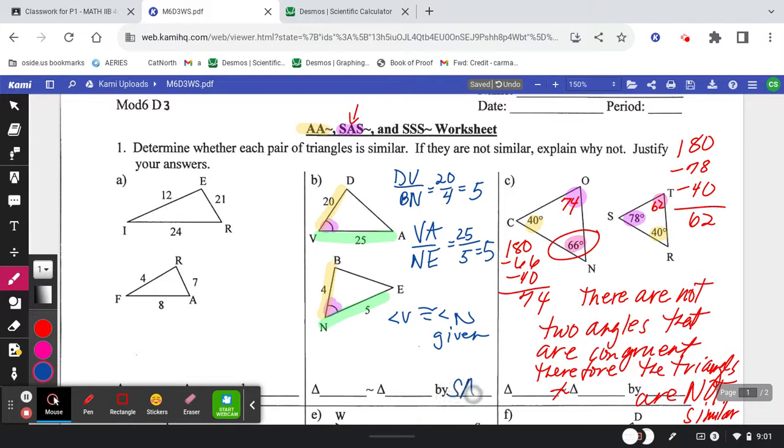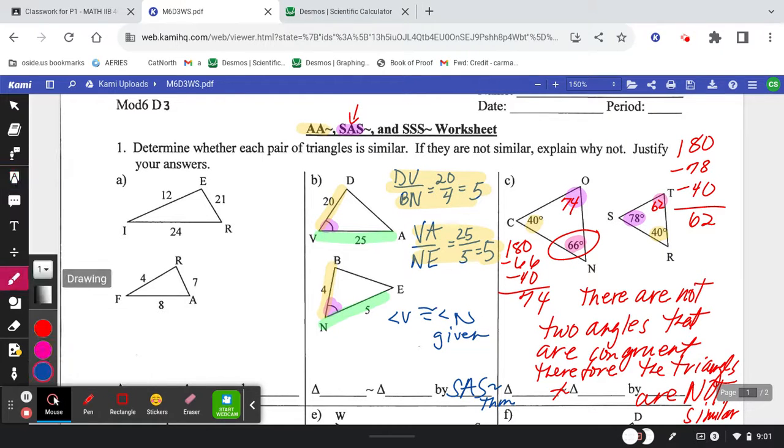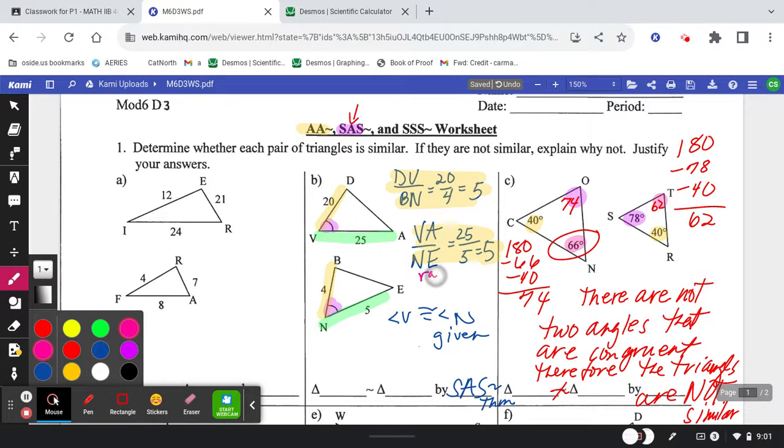So I do have similarity by the SAS similarity theorem because I have a side and another side that have ratios that are equal. So we're going to write ratios of corresponding sides are equal.